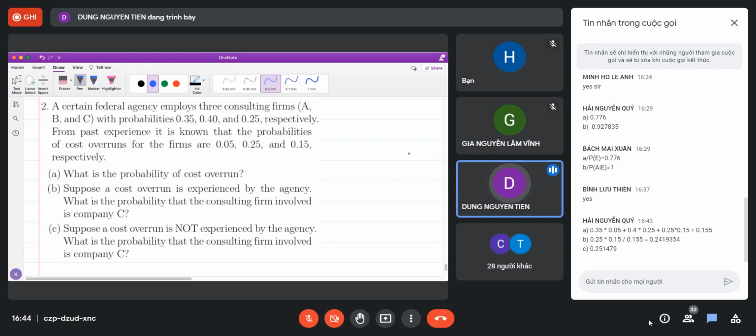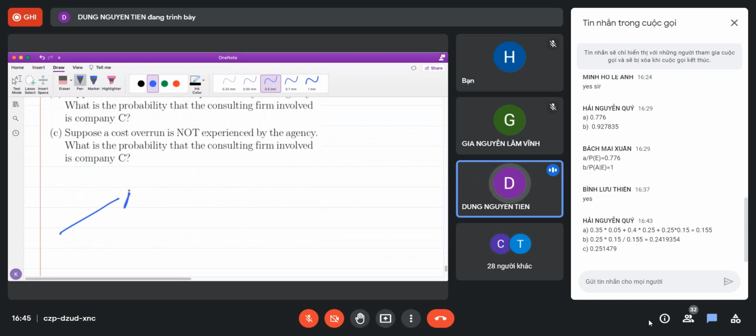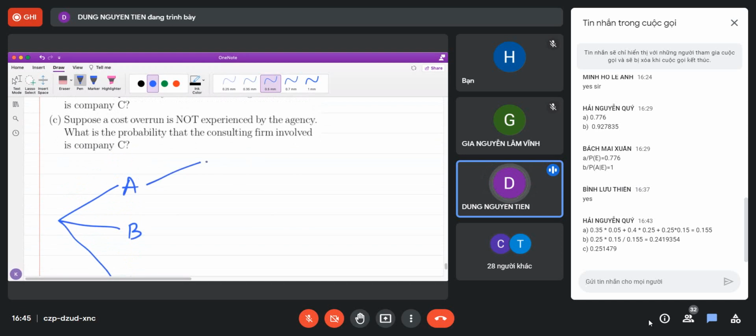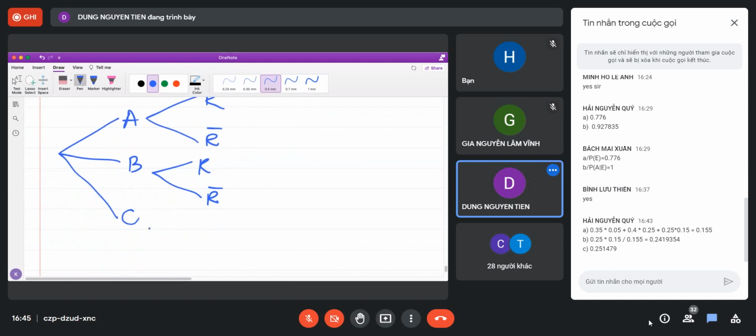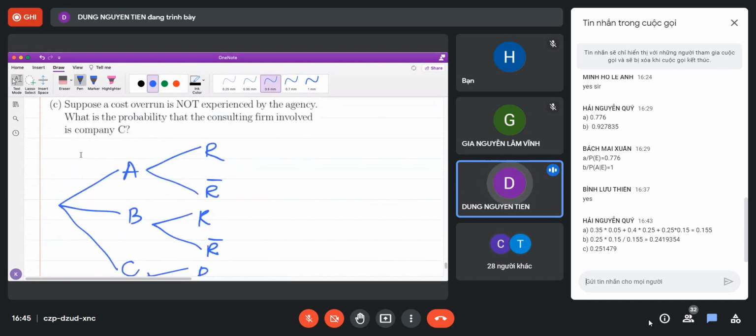In order to solve the problem, we need to see that you want to find the probability of cost overrun. Let's say that is R, and A, B, C are for the 3 companies. I need to draw the probability tree A, B, and C, with R here, and then R bar, for each.